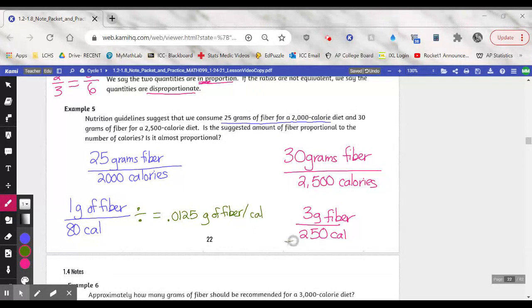We're going to do the same thing over here. We're just going to take 3 divided by 250, and we get 0.012. And this would be grams of fiber per calorie. Now, something I want you to not be confused about here is when you look at this one, you might be thinking, well, this has 4 decimal places, so that has to be a lot bigger.